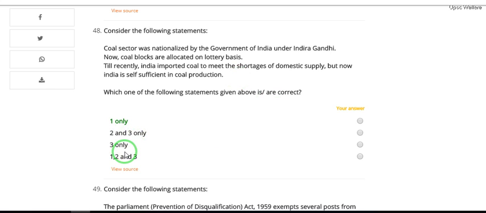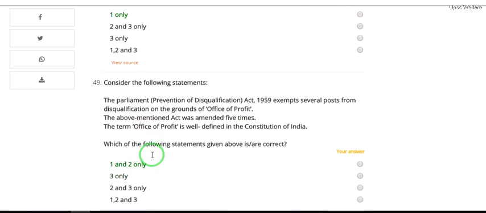Now see the second: the coal blocks allocated on a lottery basis is going to be wrong, and till recently India imported coal to meet the shortage of domestic supply, but now India is self-sufficient. So it's going to be wrong here. We are still not self-sufficient, so that's why it's also wrong. So we'll go with option one.